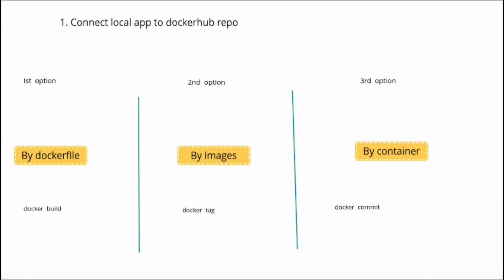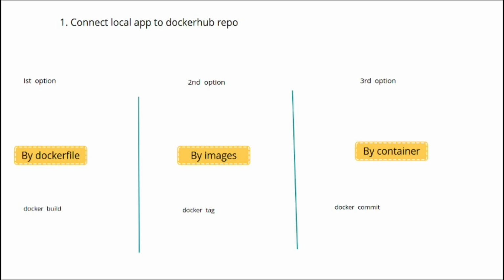To connect your local application to the Docker Hub repository, there are three options available. You can opt for Docker file, images, or container. Suppose you connect your local application to the Docker Hub by the Docker file, you just need to run the docker build command.